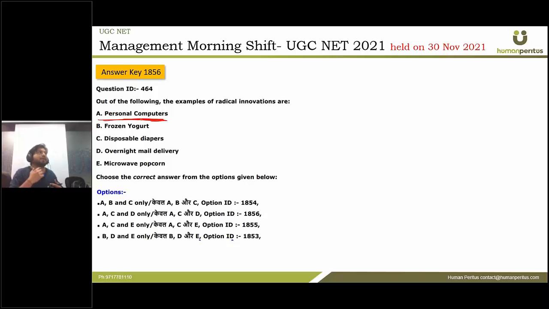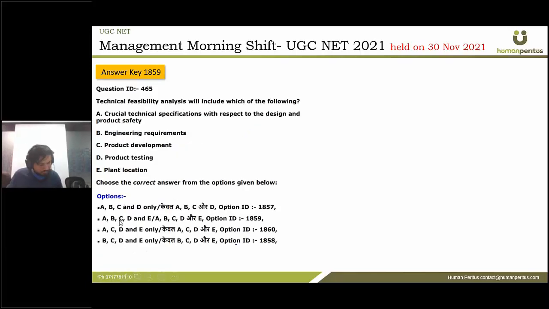Yes, personal computers drastically changed the market, so this is right. Disposable diapers, yes. Overnight mail delivery, yes. Okay, so therefore the correct answer is A, C and D. Now, frozen yogurt is not actually a radical change, and even microwave popcorn is also not a radical change. Okay, so therefore the correct answer is A, C and D.